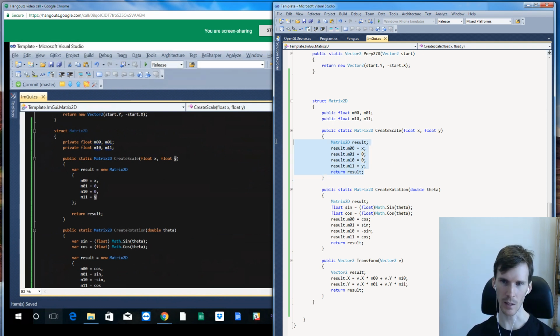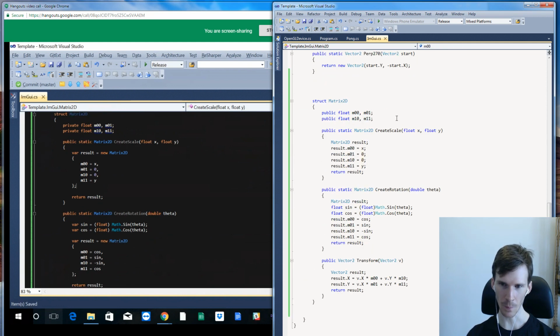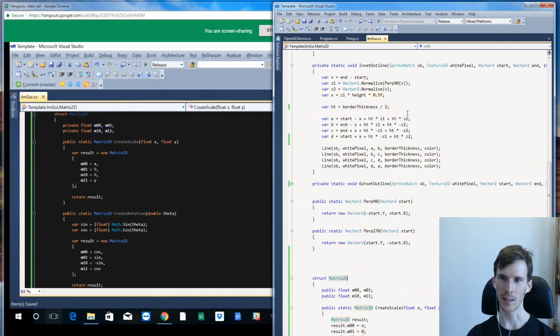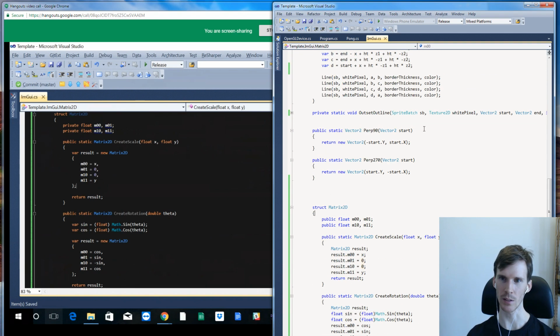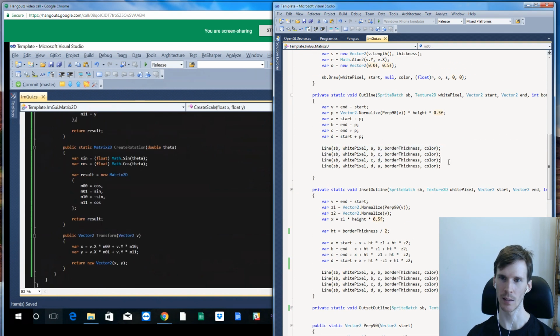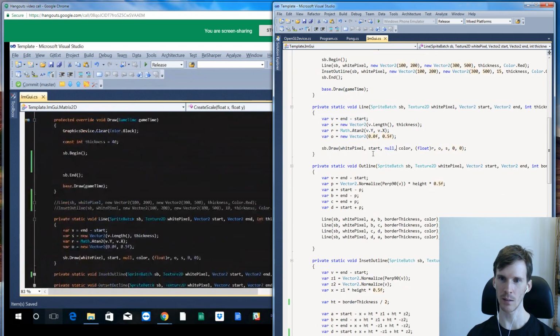Okay, so we've got our happy little Matrix2D class, and hopefully haven't made any maths errors in there. I think you're right. I think it is correct. So what we could do with this is, for example, we have this nice line method.